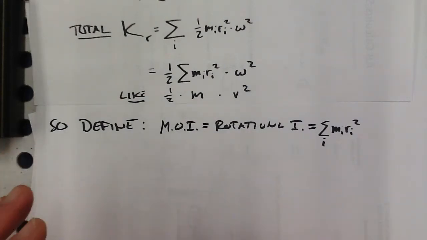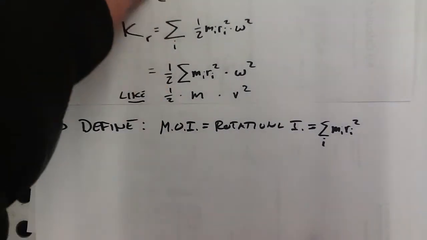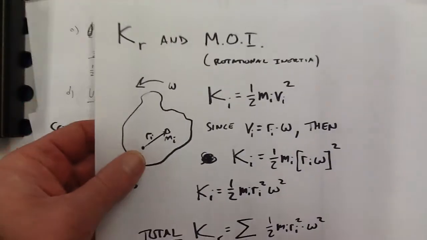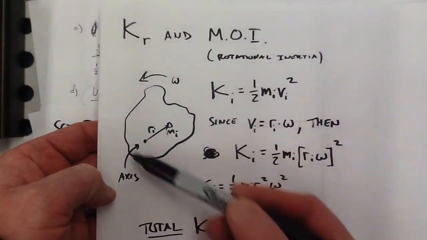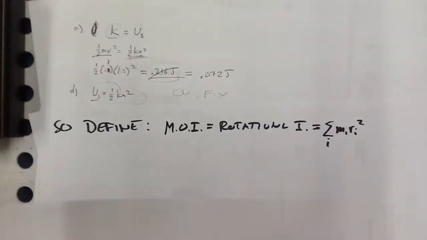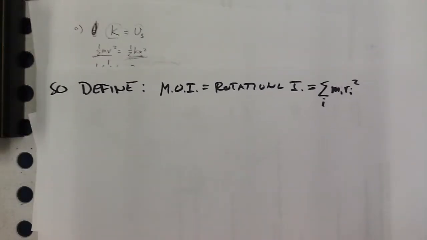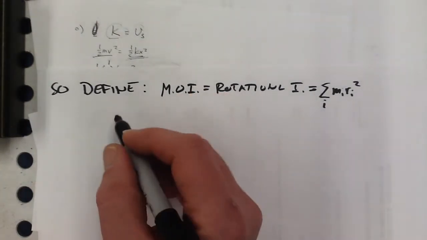But if you're talking about an object that has an axis going through it, like a solid object rotating, then you've got to chop it up into a bunch of bits like this.